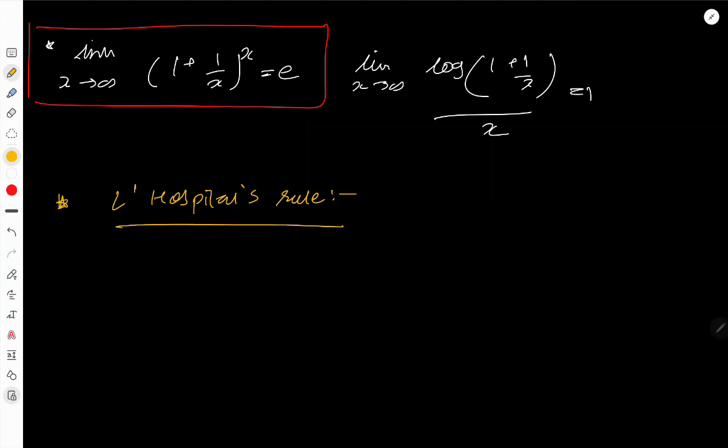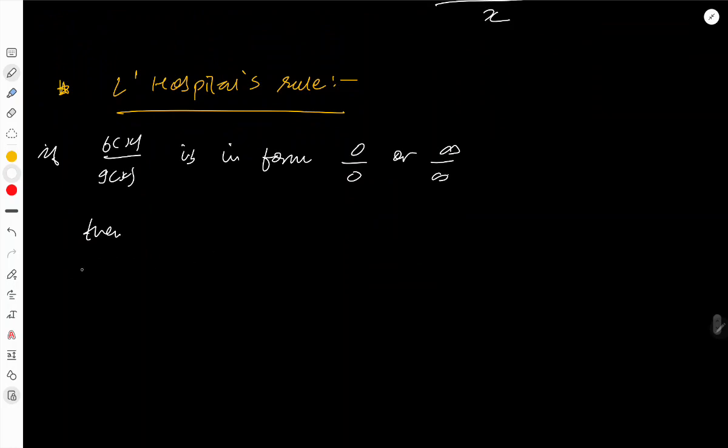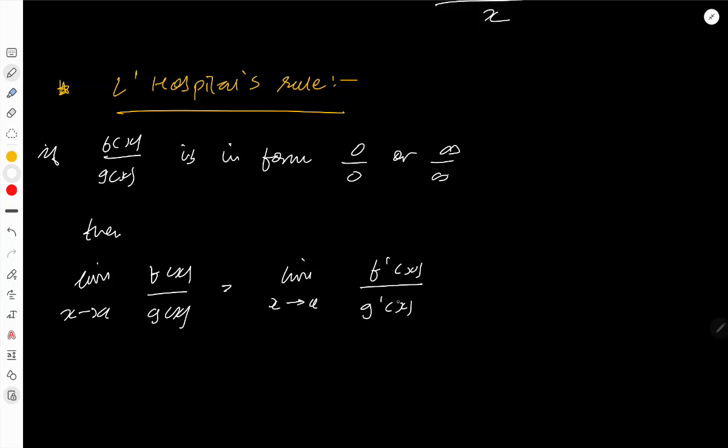This rule states that if f of x upon g of x is in the form 0 by 0 or infinity by infinity, then limit x tends to a of f of x upon g of x can be written as limit x tends to a of f dash of x upon g dash of x.